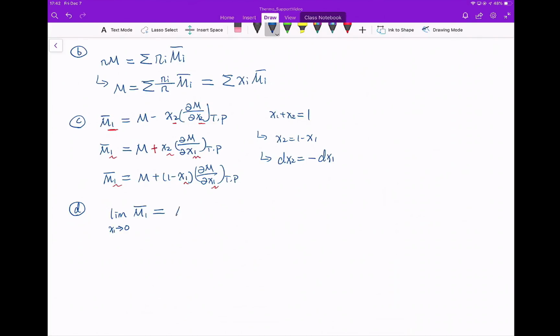That will give us m1 partial at dilute. The other is, of course, if I push x1 goes to 1 for the same partial molar property, this shall be my pure. This is pure.